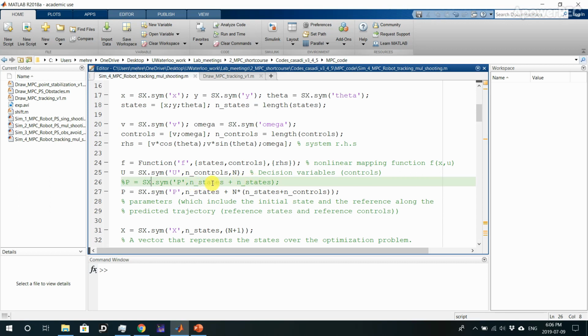So the first n states elements in this vector were my initial condition, and the other elements were my reference state or xref. In the trajectory tracking case, we again have the first n states elements, but we have more elements to define the reference trajectory.